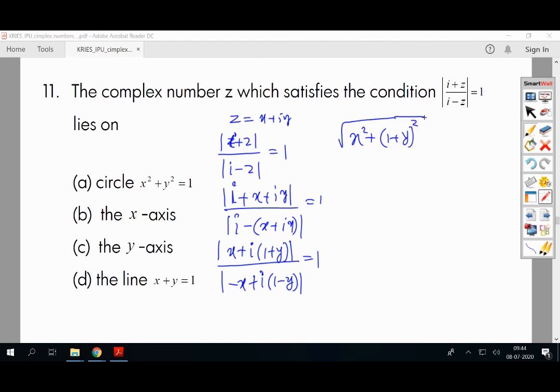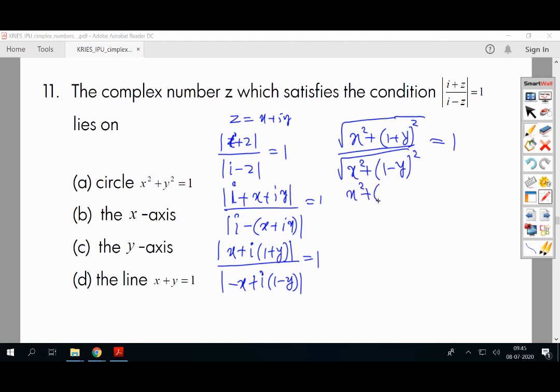This is equal to 1. Now I am going to shift the denominator to the left hand side. I am going to square that so that it becomes x square plus 1 plus y the whole square. So this will be equal to x square plus 1 minus y the whole square ಬರ್ತಾ ಇದೆ ನಿಮಗೆ.